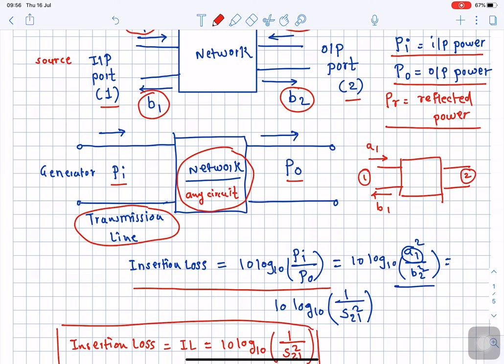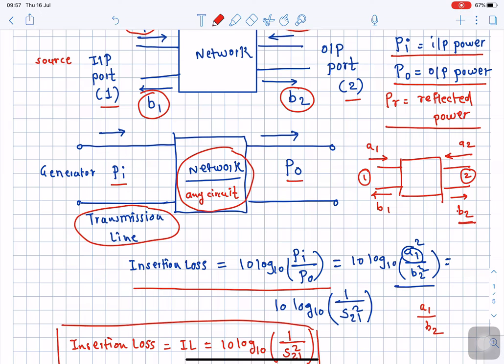At port number 2 we have A2 as an incident wave and B2 as a reflected wave, right? How do we represent the input power? Input power is represented by the incident wave. So in the numerator we will get A1. What is the output power? Output power here is nothing but the reflected wave at port number 2, so that is B2.